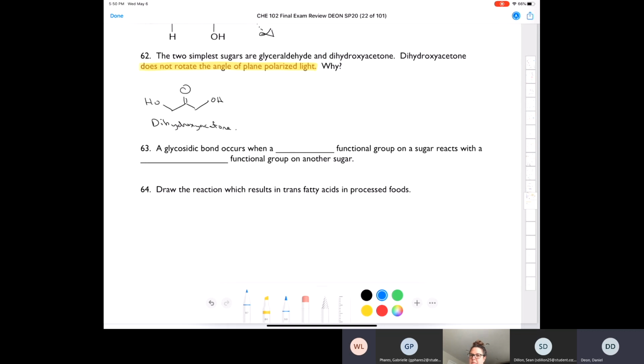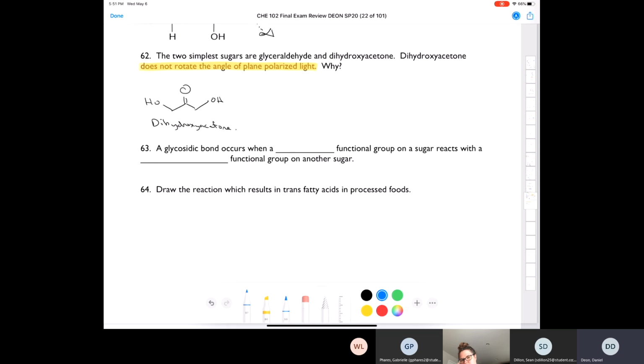Is it because it's symmetrical? No, it's not because of the symmetry in the molecule. Think about what an organic molecule or any molecule has to possess in order to rotate plane polarized light. What's the criterion that has to be met?